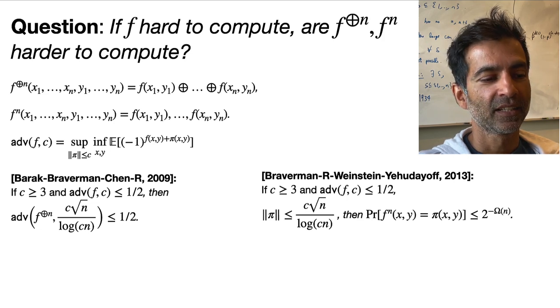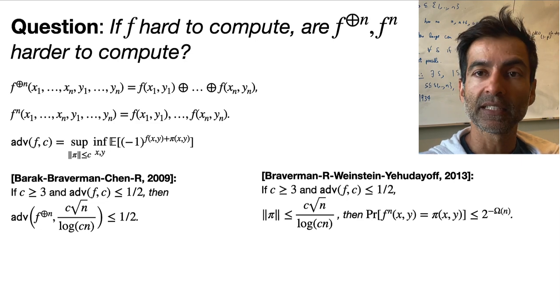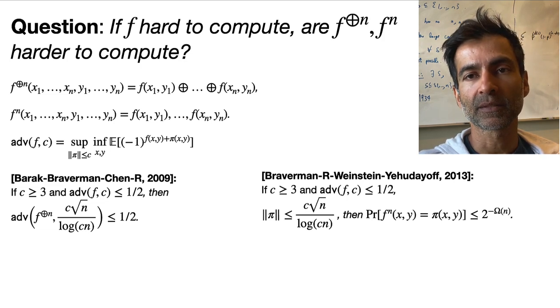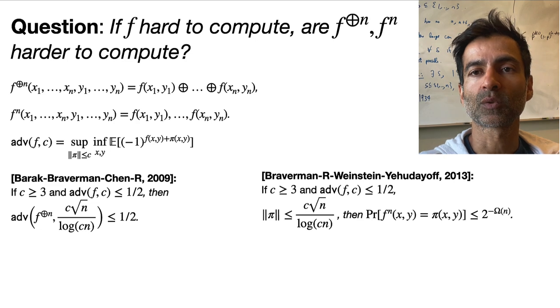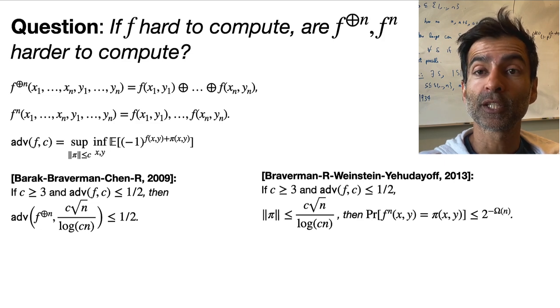And I should say here, some kind of assumption of the type C bigger than or equal to 3 is necessary, because there is a counterexample. There is a trivial counterexample. If you think of f itself as being the XOR of 2 bits, so f of x1, y1 is x1 XORed with y1, then you'll see that the n-fold XOR can be communicated with 2 bits of communication.